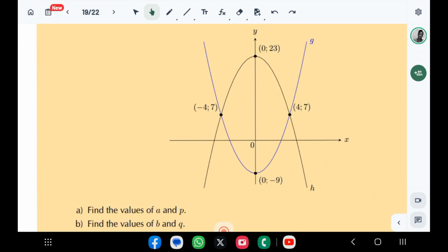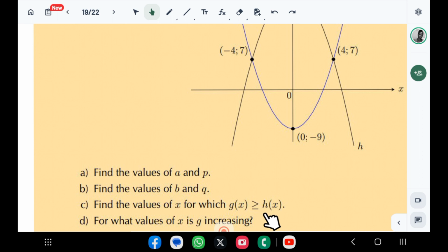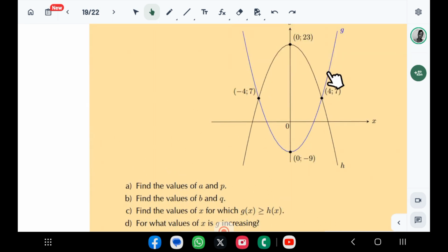Number C goes, find the values of x for which g of x is greater than or equal to h of x. These are the values where your g lies on top of your h.